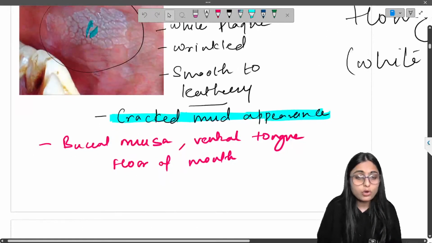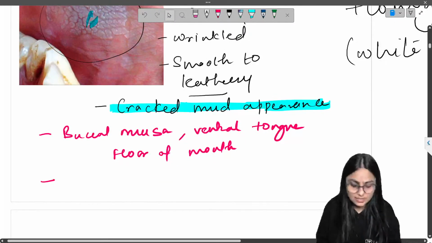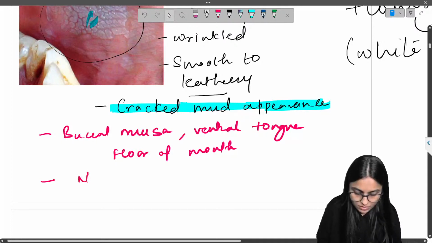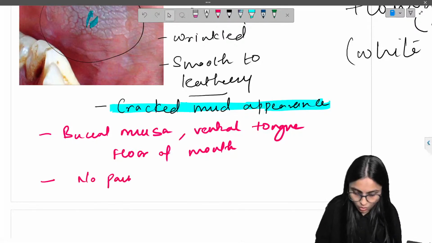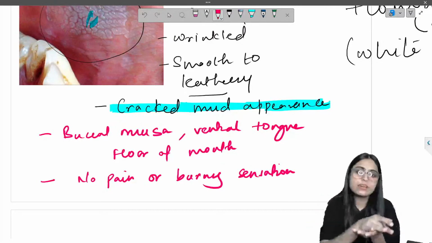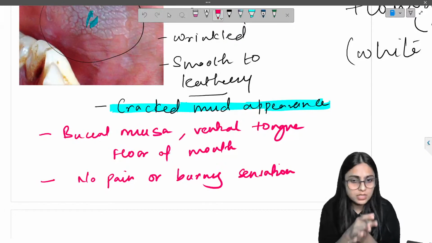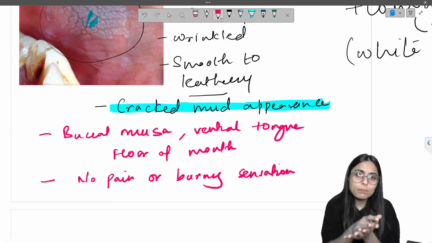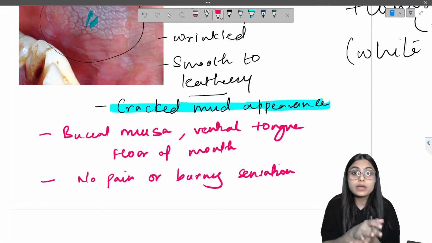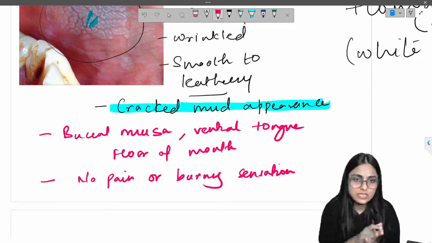Now, most patients will not complain of any pain or burning sensation, unless it is super infected with Candida. Candida is a fungal infection, candidiasis. When the leukoplakic lesion is super infected with Candida, the patient will have a burning sensation.